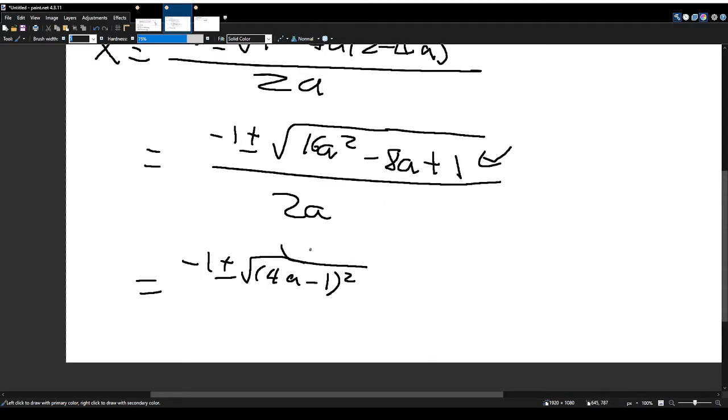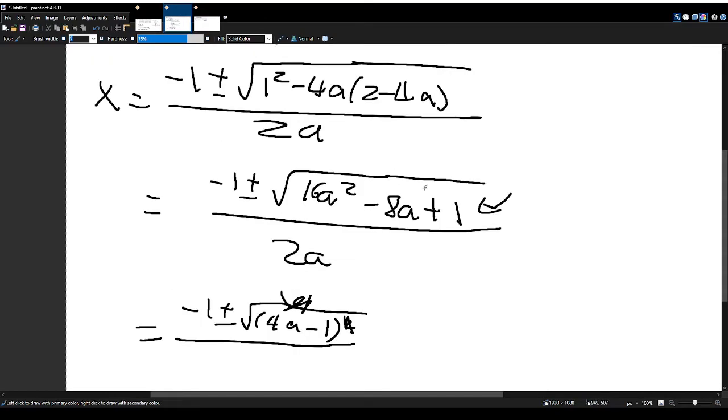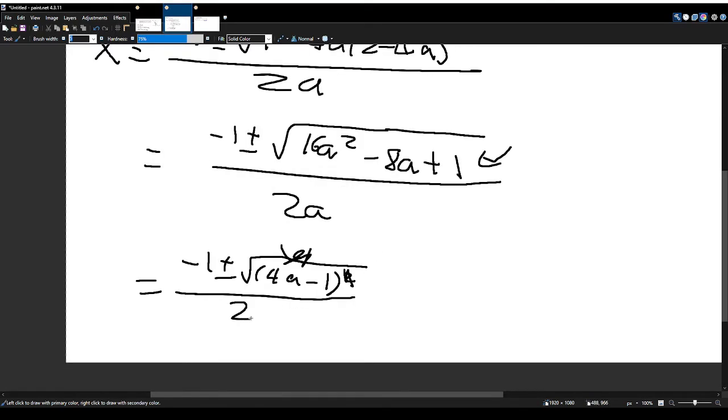And then you can just cancel this square root with this square. If you see this, you know you're on the right track, because it's too much of a coincidence for this to work otherwise. So negative 1 plus or minus (4a minus 1), over 2a. So those are your x values for B and C.